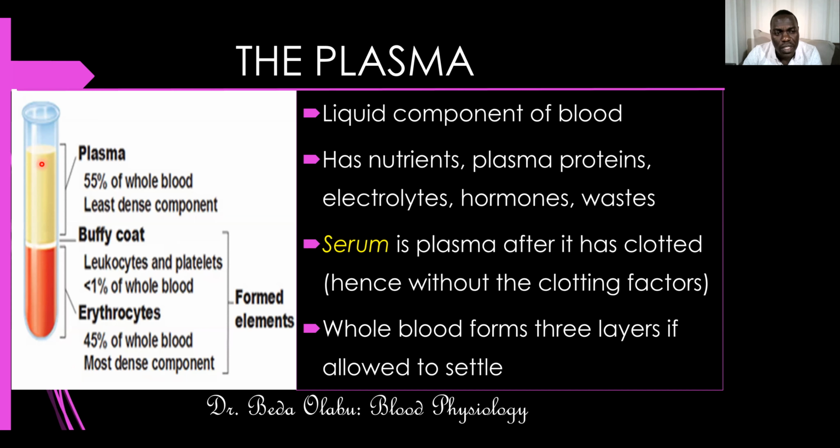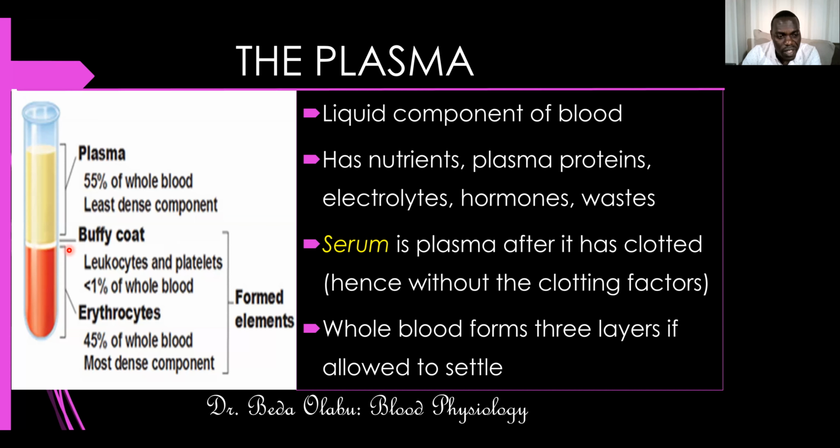Then topmost is the region occupied by plasma. Plasma, as we've said, is the water component, the liquid component of blood. It is the least dense of the 3 components we're talking about. And so this one will occupy the topmost part. Plasma is about 55% of the whole blood.